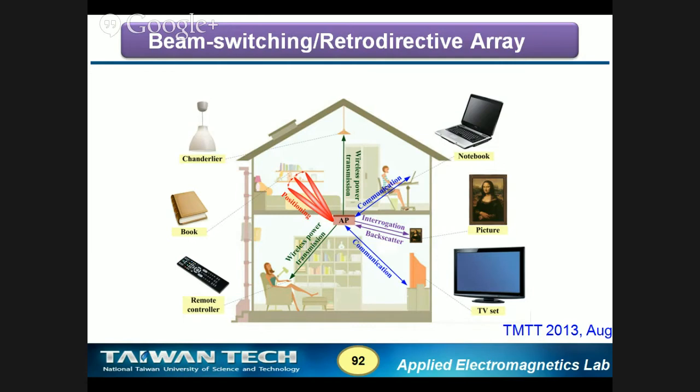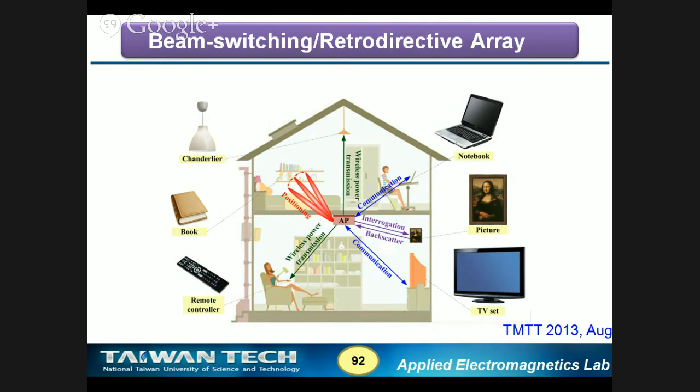It demonstrates the Van Atta array together with a bidirectional amplifier, and it could realize so-called wireless power transmission or wireless charging using the far field approach, not near field approach, not magnetic coupling, not magnetic resonant coupling, but far field approach.